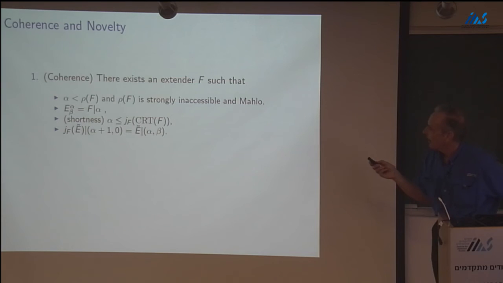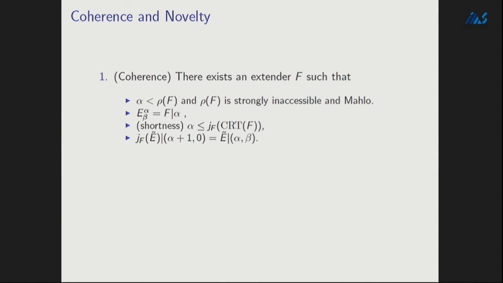So there has to be an extender F such that alpha, that's the length of our extender on the sequence, is less than the strength of F. I'm going to require that the strength of F be strongly inaccessible in Mahlo. That's so that I can take advantage of the iteration hypothesis the way that I formulated it. E alpha beta has to be the initial segment of F up to alpha. We're going to require this condition, that alpha be less than or equal to kappa F star.